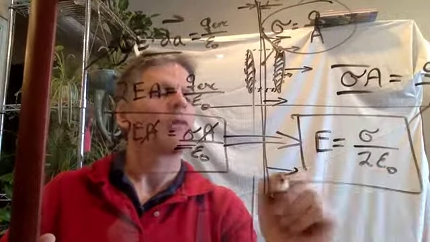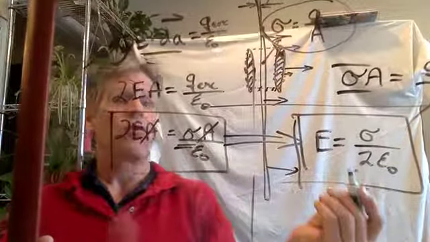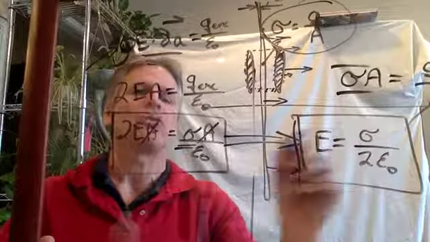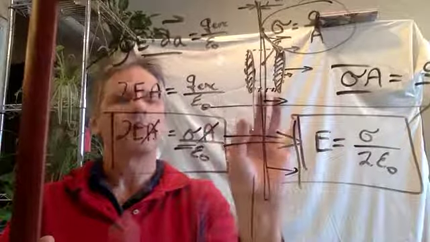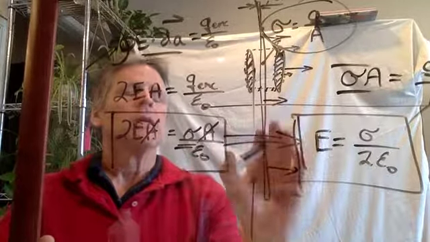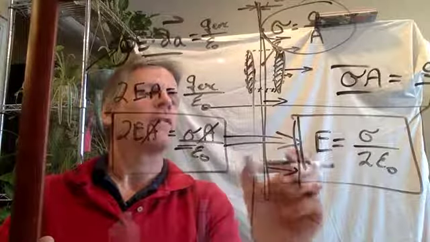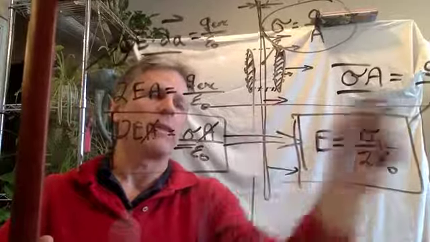Okay? And the question is, what is the direction of that? Well, it's in the Z hat direction just by symmetry. If sigma's positive, then for positive Z, it will be positive and going in this direction.